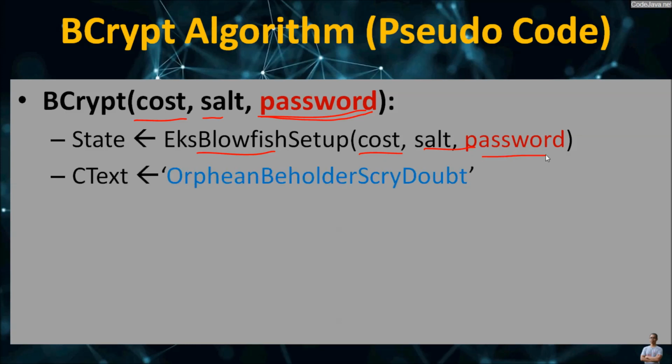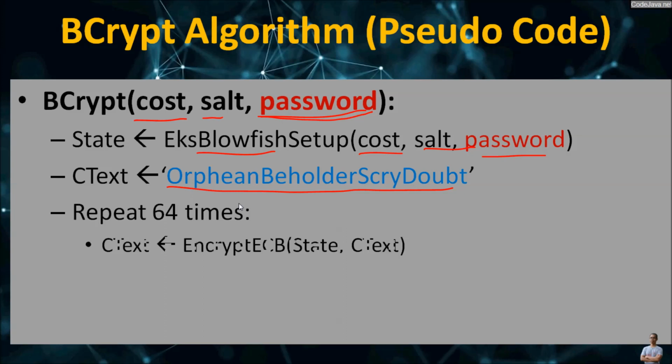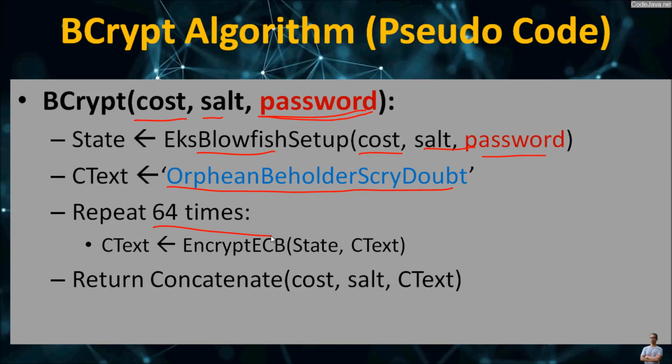And then a ciphertext is chosen with this magic value, and then the ciphertext is encrypted repeatedly 64 times. And finally, it returns the hash string, which is a concatenation of the cost, salt, and ciphertext.